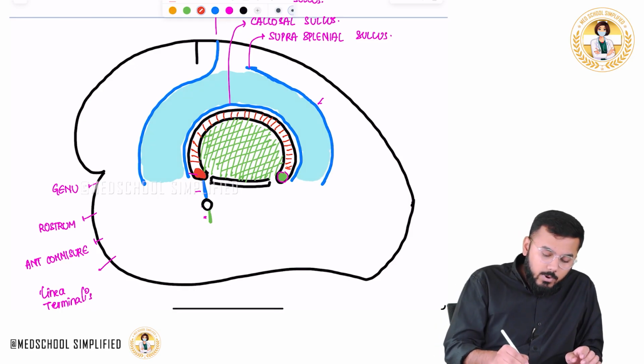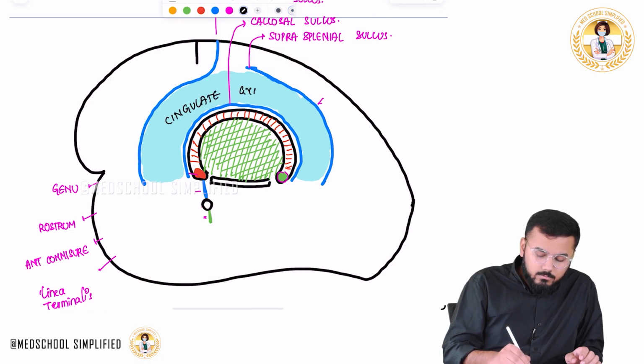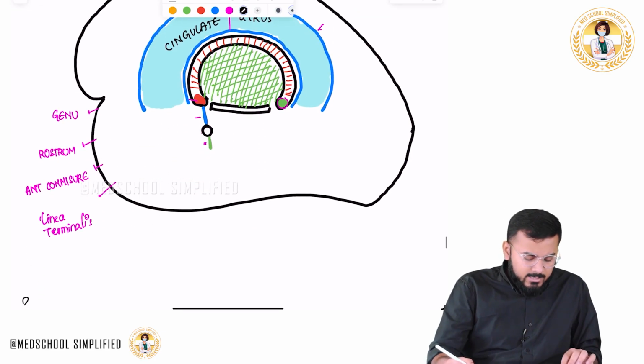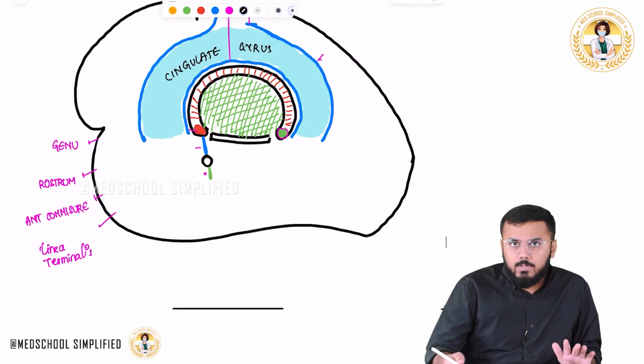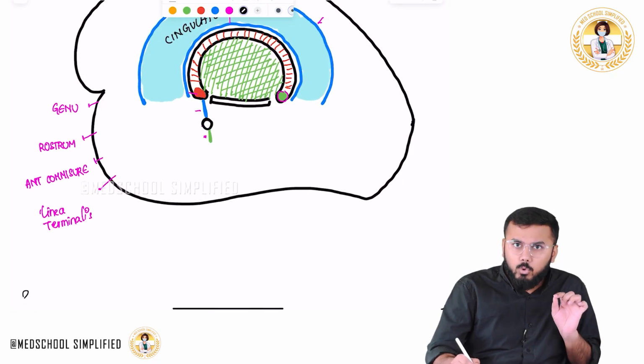So this part over here is called as your cingulate gyrus. Anyways, we discussed these things here. Now, the next important thing I want to discuss here is a little bit more important part.